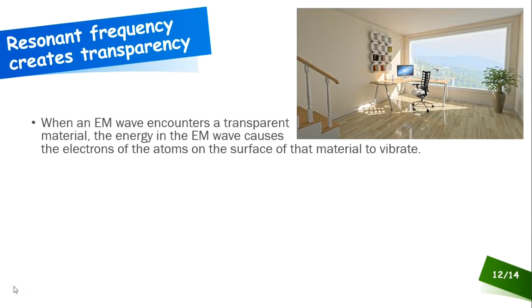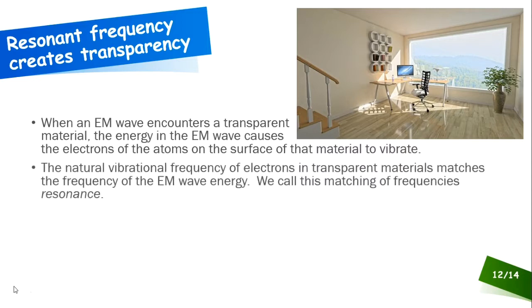Essentially, when an EM wave encounters a transparent material, the energy in the EM wave is going to cause the electrons of the atoms at the surface of that material to vibrate. The light wave hits it, and there's a transfer of energy from the light wave to the surface of the material. That extra energy is going to cause the atoms there on the surface to vibrate.